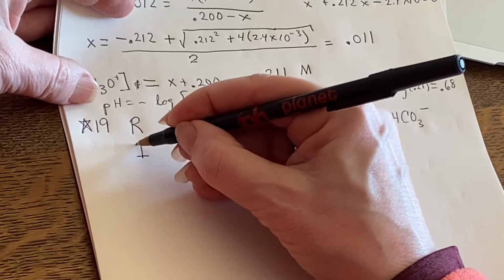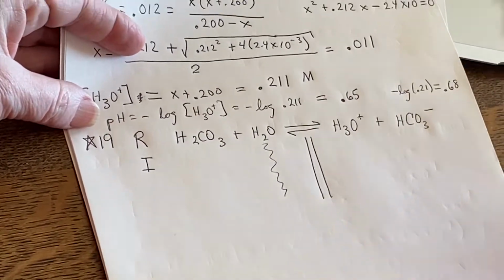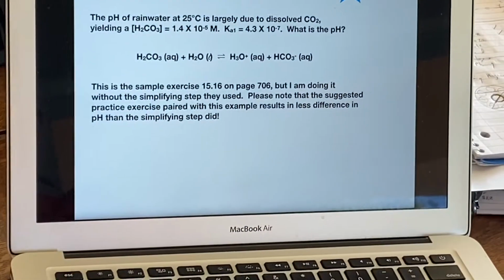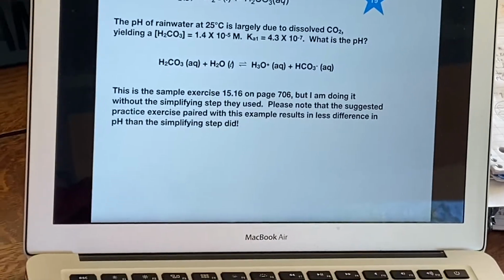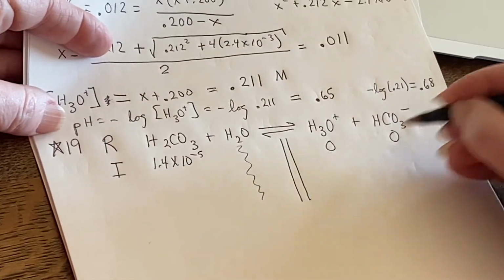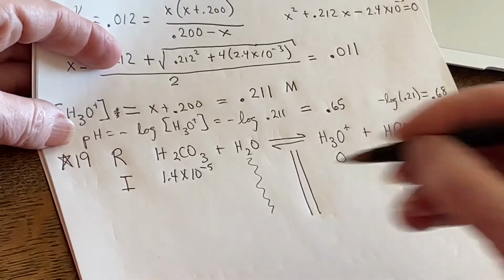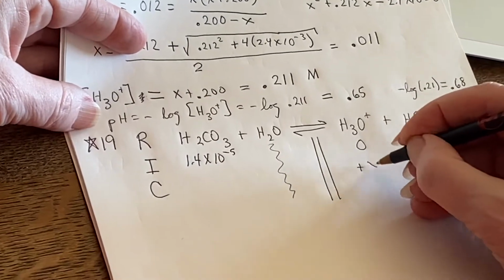What's the initial condition here? Initially, they told us 1.4 times 10 to the negative 5th molar. None of these, because it's initial. Change. Well, hey, if there was none of this, some of it's going to come into existence.